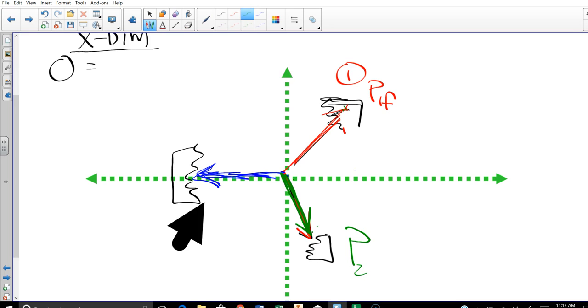Yeah, you can draw this now. And we'll call the blue one object 3, its final momentum. And I guess I'll throw in some angles. So obviously this is right along the x. This is 50 degrees.